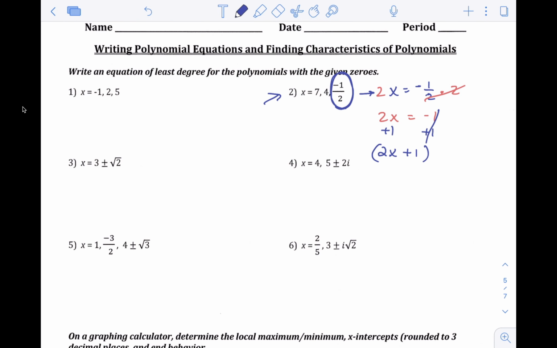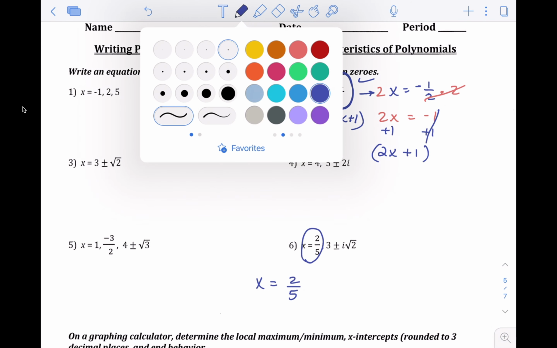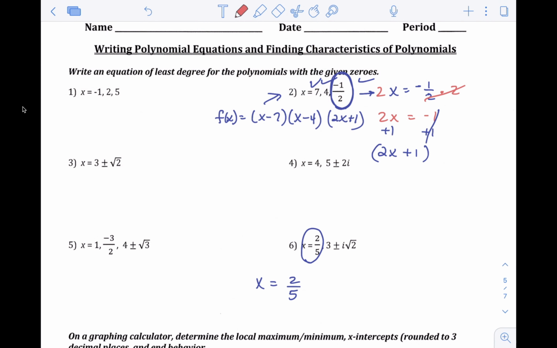So if I were doing number 2, I would big FOIL x minus 7 times x minus 4 times 2x plus 1, because that's how I got each of those x-intercepts. So here on number 6, if x equals 2/5, then to undo this, I would first need to multiply by 5.